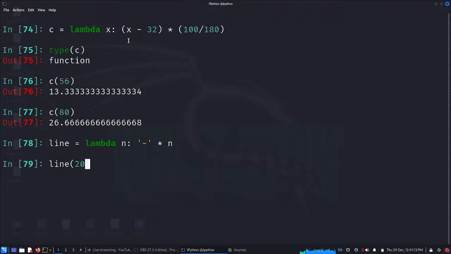So we have lambda in n, which can be x or another variable, and this is our string multiplication operation. N is now 20, so this is multiplying the string 20 times and it gives me a line. You may have to write a print there if you are not in an interactive environment.